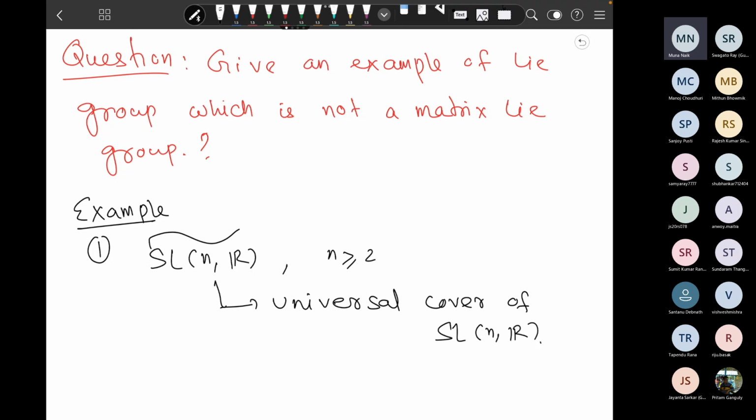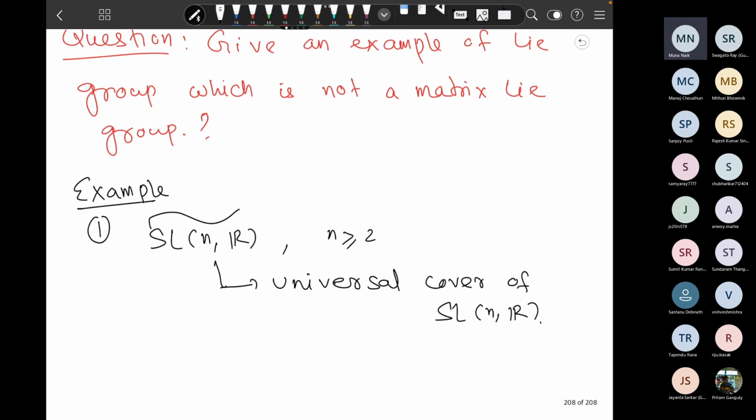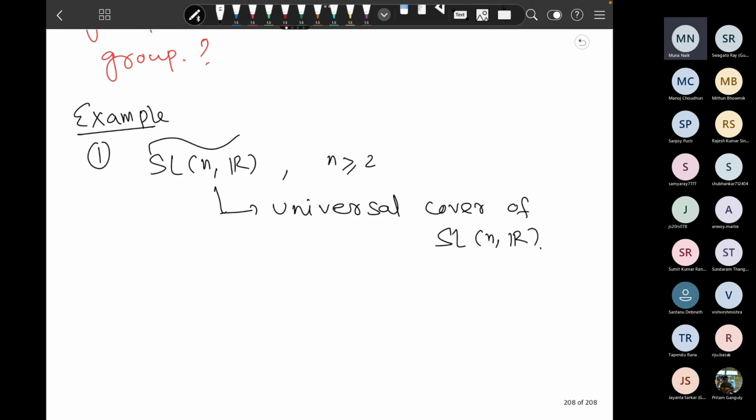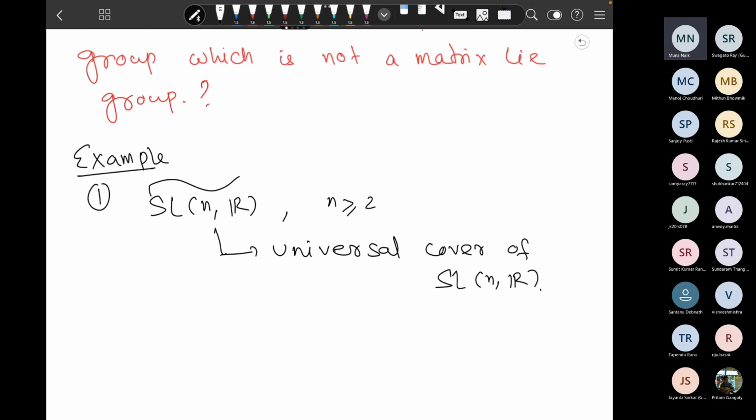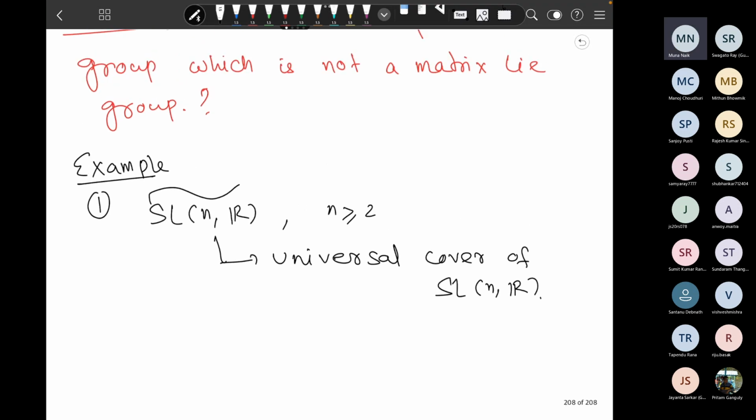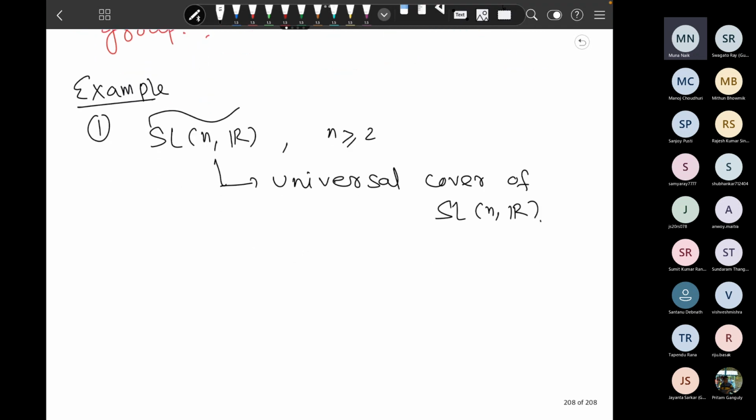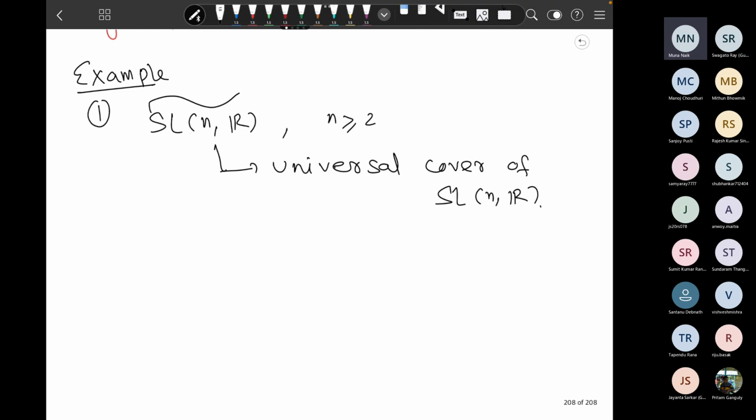Now, since SLnR is not simply connected, SLnR tilde is not equal to SLnR. So probably this is the right place to prove this thing, but it requires some Lie theory, therefore I am not doing it.